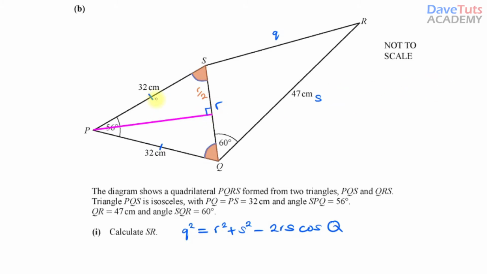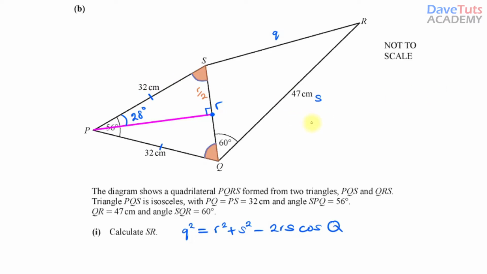So I can use SohCahToa for the triangle PS to this point, the right angle triangle in which I know the longest side, the hypotenuse. The angle will now be 28 degrees, which is half of 56. So I'm looking for the opposite to 28, R over 2, and then I have the hypotenuse.